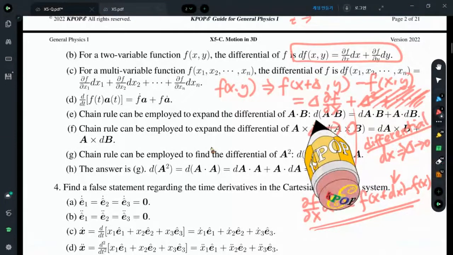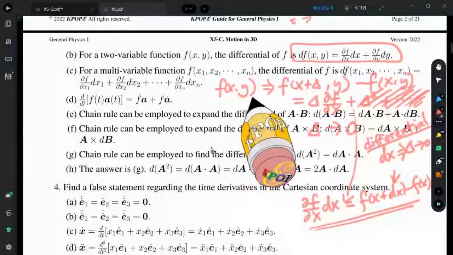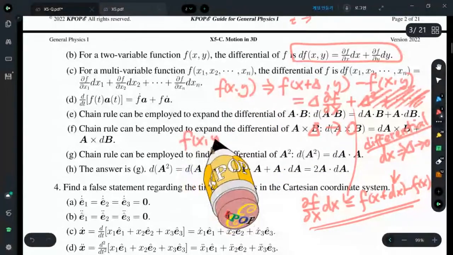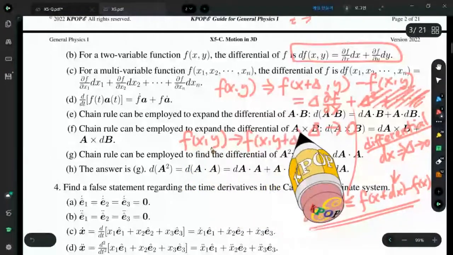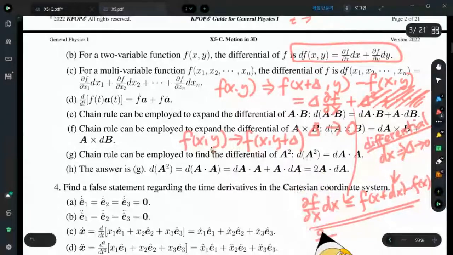In a similar manner, the change in this function happens also through the variation of y. In a similar manner, that amount is this one.